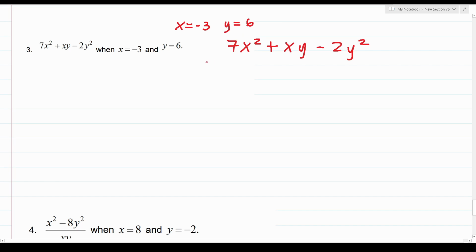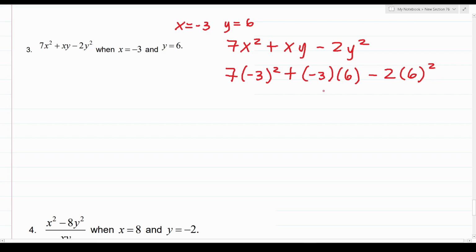So the first thing we're going to do is substitute negative 3 in for x and 6 in for y respectively. This becomes 7 times negative 3 squared plus negative 3 times 6 minus 2 times 6 squared.